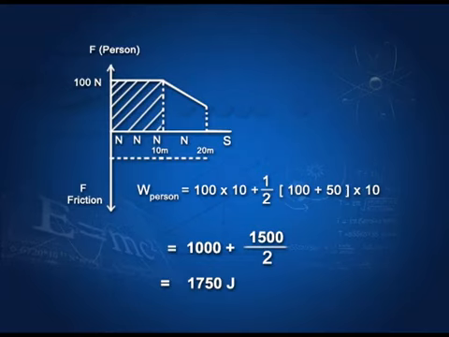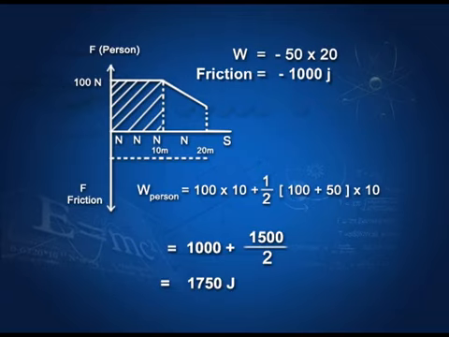I will write it here for you, and that is equal to minus 50 newtons into the same displacement, which is going to be minus 1000 joules. So, the push is there and the work done by friction is so much.